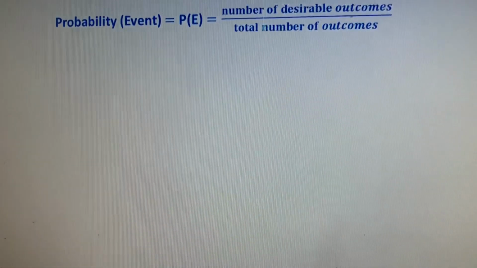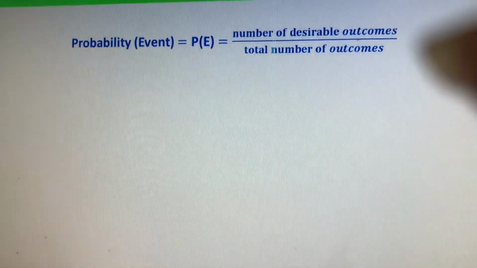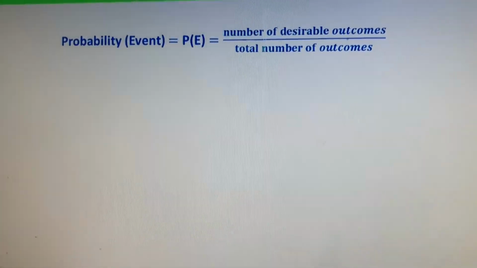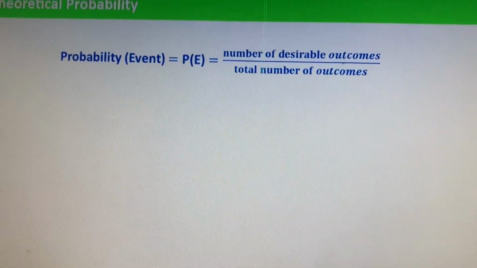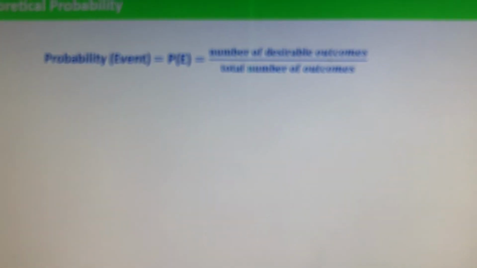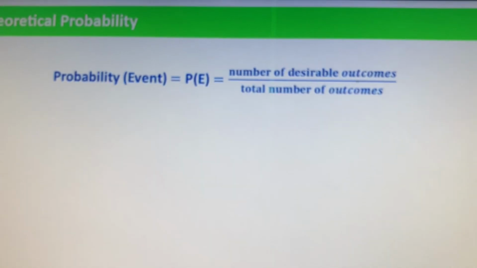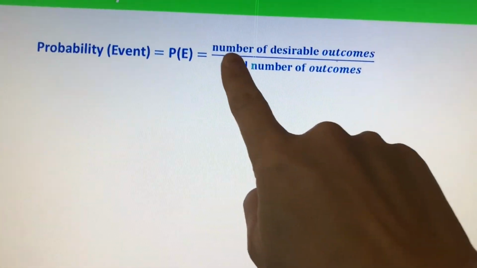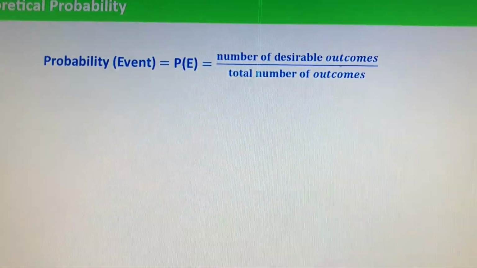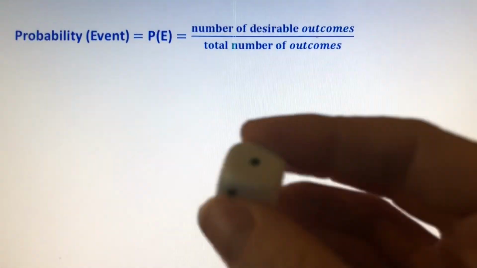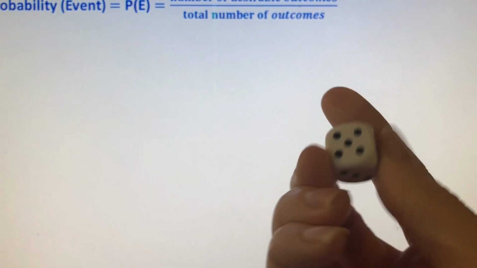Well, if you remember what the formula for calculating exact probability is, we don't actually conduct an experiment, I won't be rolling my die to find out. All I needed to do was to look at how many there are of what we are interested in, our desired outcomes. So how many number 1s are there on a die?